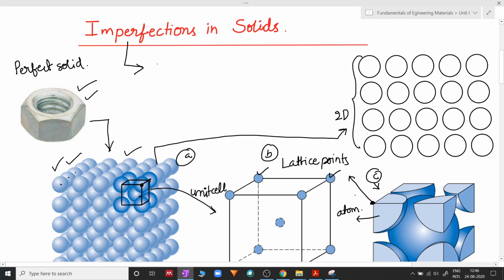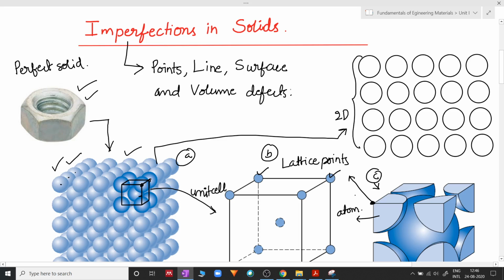There are point defects, line defects, surface defects, and volume defects. Today we will try to understand the point defects.